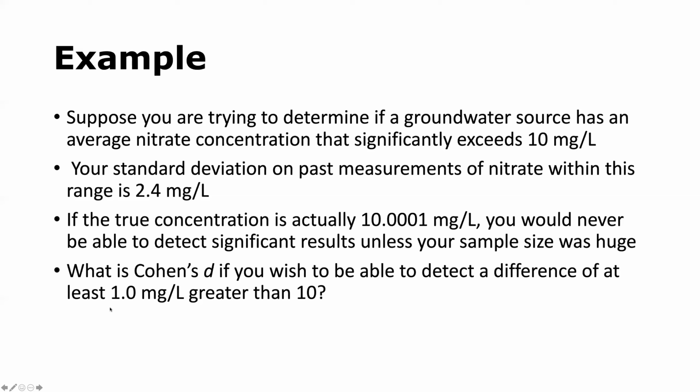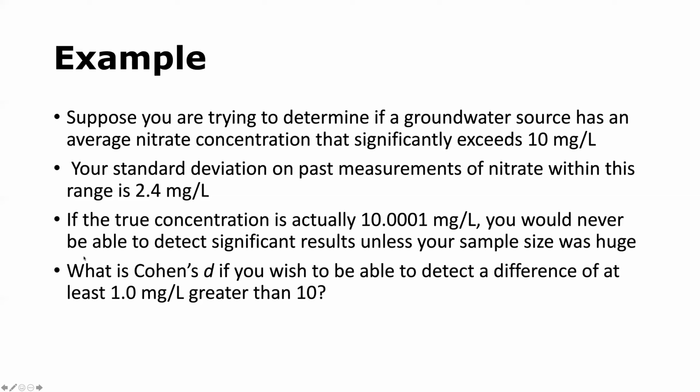But if we have a difference that's a little bit more modest, like let's say we want to be able to detect a significant difference if the true concentration is actually 11 milligrams per liter, that's 1 milligram per liter above our threshold, we would probably get a much more reasonable sample size.